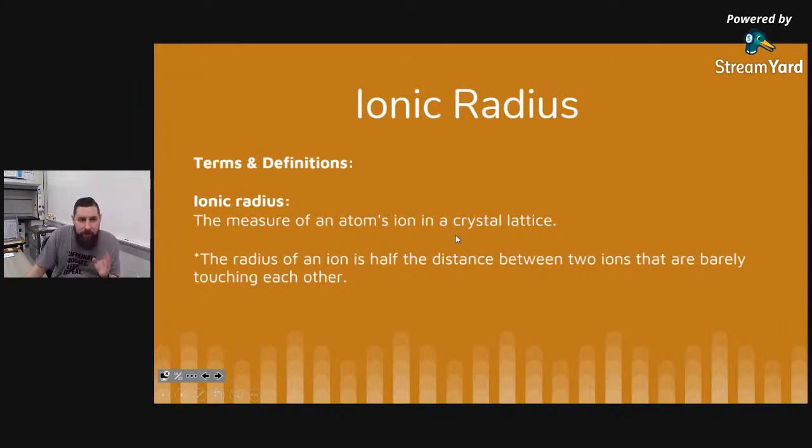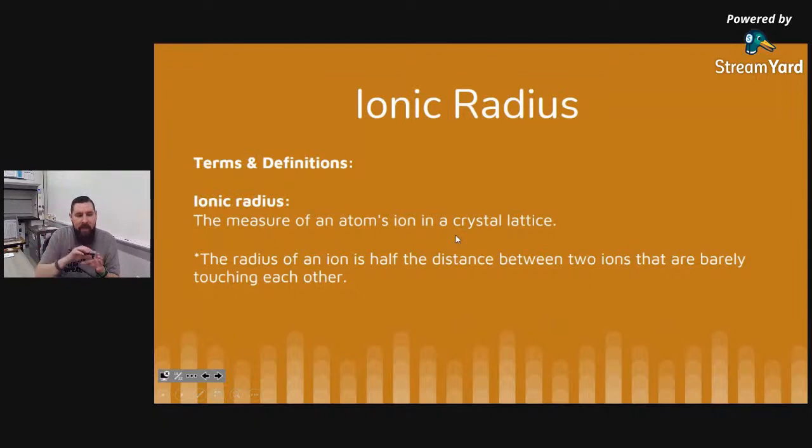So ionic radius, by definition, is the measure of an atom's ion in a crystal lattice. So just like I talked about for atomic radius, we take two atoms that are similar and we push them together so they start to repel, and we measure from nucleus to nucleus. For ionic radius, we have to have some type of crystalline lattice structure.